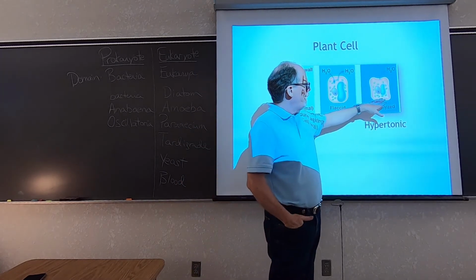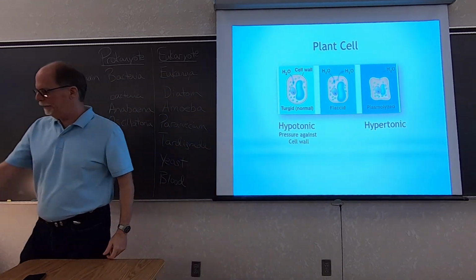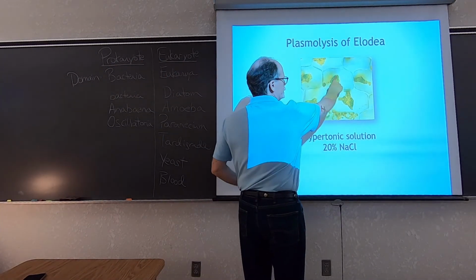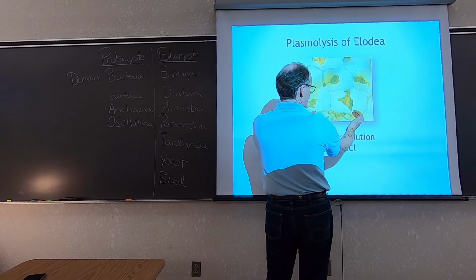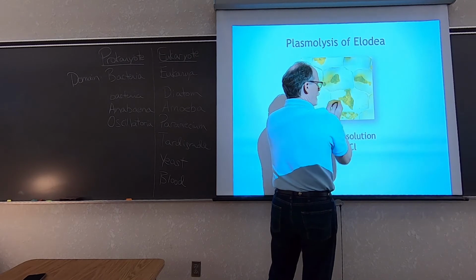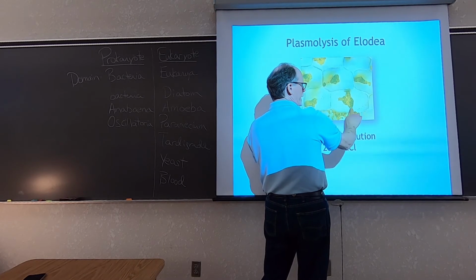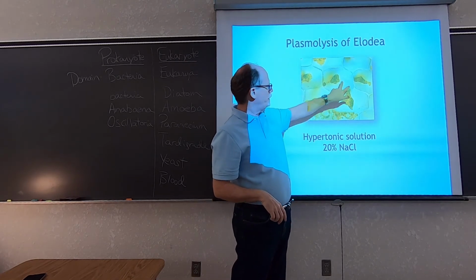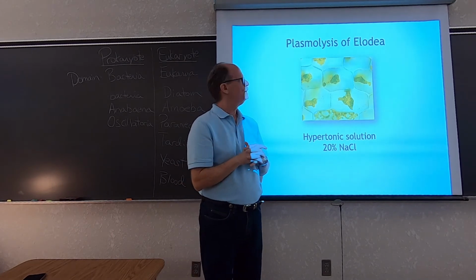But if you put a plant cell in a hypertonic solution, which we actually do in lab, we were doing the lab under a microscope, these chloroplasts that you see here would normally be all spread out in the cell. What happens is when the cell membrane shrinks down and the water from the cell gets into the space between the cell and the cell wall, then you concentrate all the chloroplasts into the center, or not necessarily the center, but they all come together because the membrane is closing in on them.